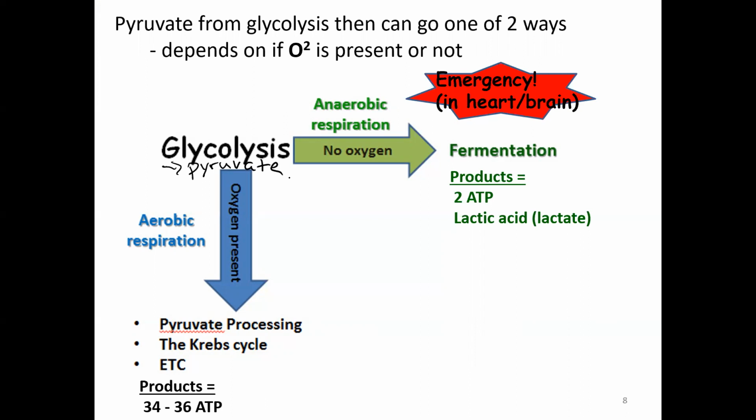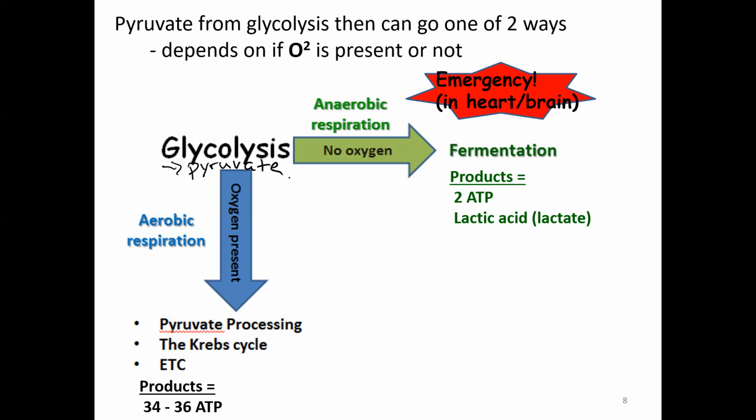If there's oxygen present, it can go on 3 more steps and make a bunch of ATP. Your cells are all happy, homeostasis is maintained, and you're golden. If there's no oxygen, pyruvate goes through anaerobic respiration, and the products are 2 ATP, not enough to keep any cells alive, and lactic acid, just known as lactate.